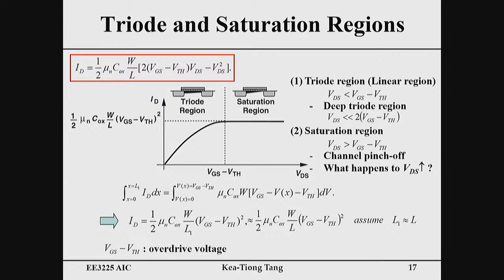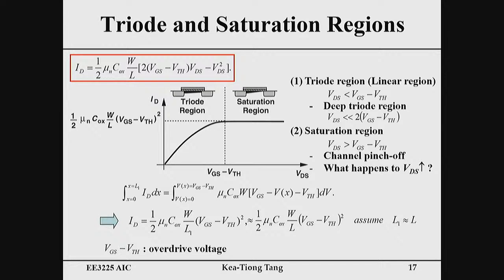For the VGS, you want to generate carriers. You want to generate free electrons underneath the gate to flow, so you need to exceed some threshold voltage. So the two regions are the off region and the on region.